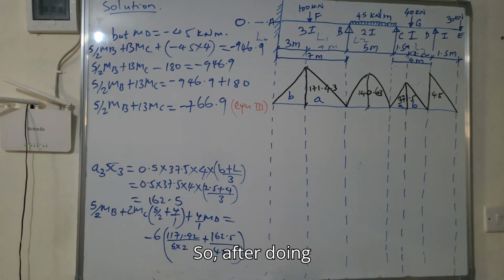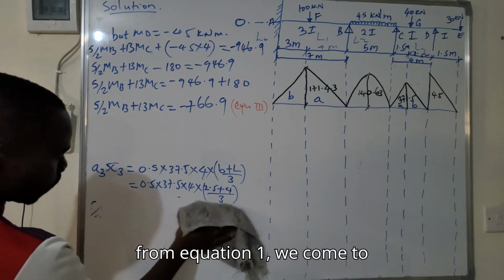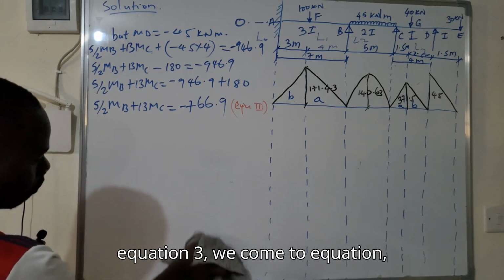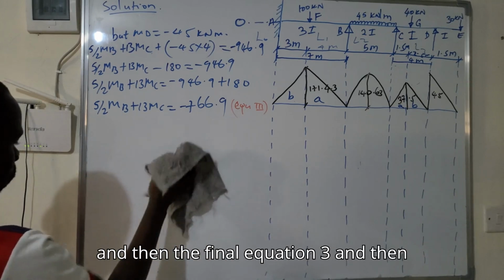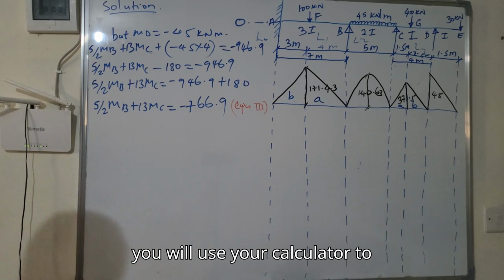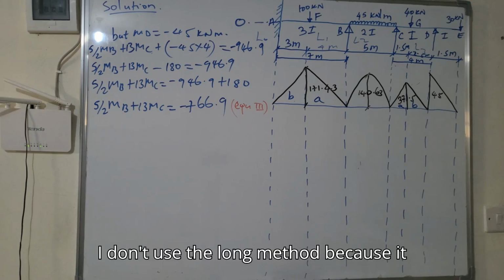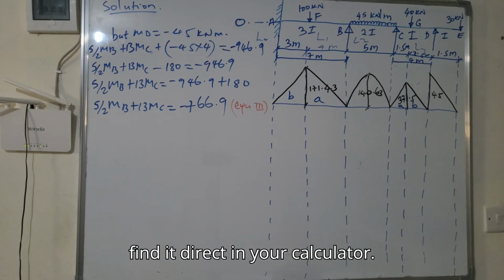After doing so, we'll arrange our equations in order: equation 1, equation 2, and then the final one, equation 3. And then you will use your calculator to solve that. I don't use the long method because it will waste your time. So just punch it directly into your calculator.